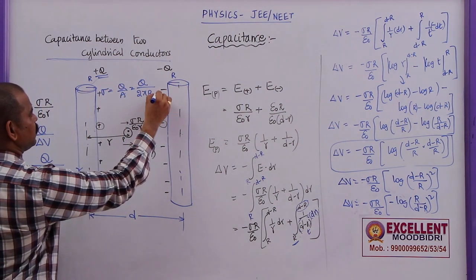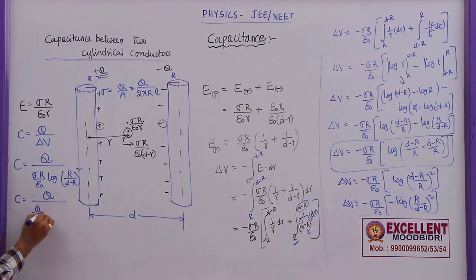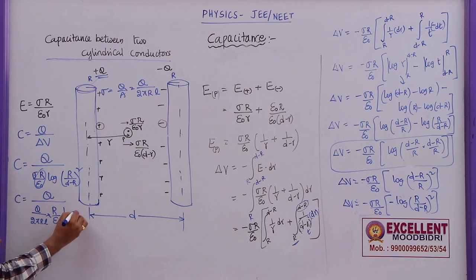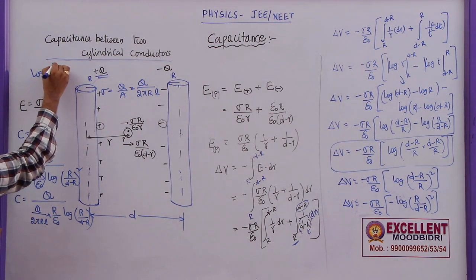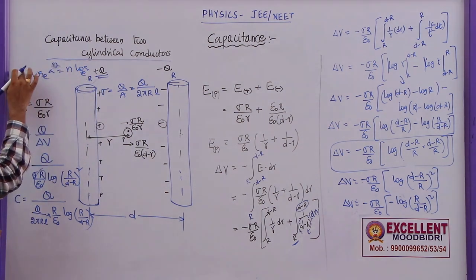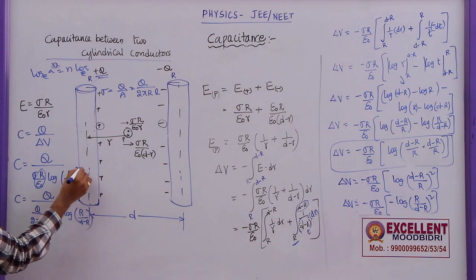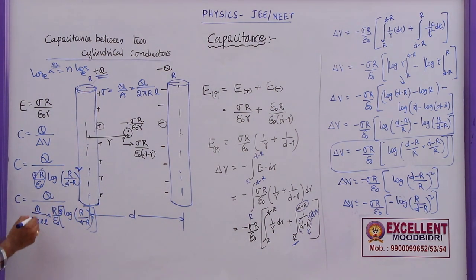Let the length of this one be L. So, in place of sigma, let me write this as Q by 2 pi r L into this R by epsilon naught log R by D minus R. Log A power n can be written as n into log A to the base e. So, this power can be written here, this square I am writing here. So, this will be 2 log this value R by D minus R. Here Q gets cancelled, R gets cancelled.